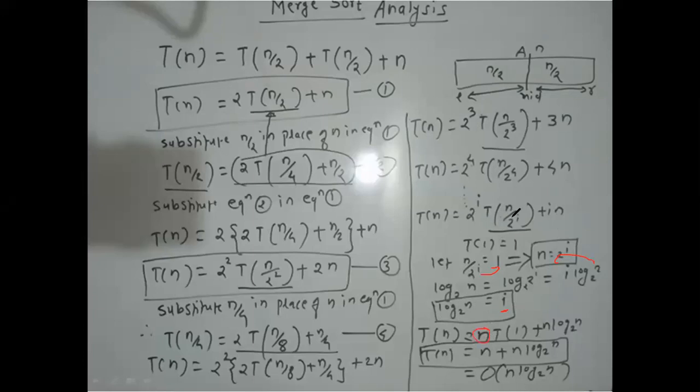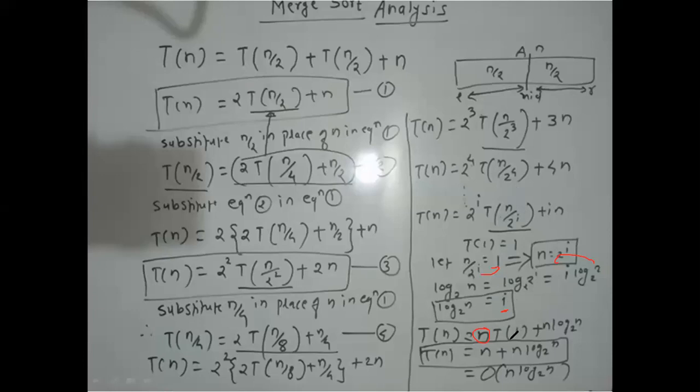Already T of n by 2 power i is 1, so here that is T of 1. Just substitute the i value here. So the i value is log n base 2. So 2 substituted, then we get n by n cancel.